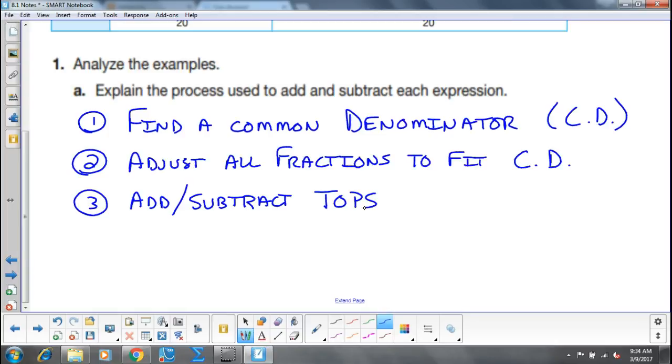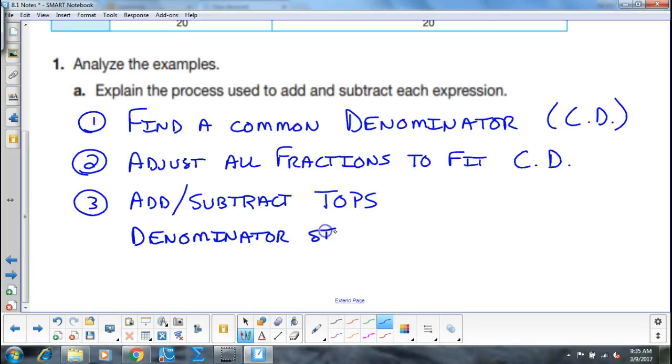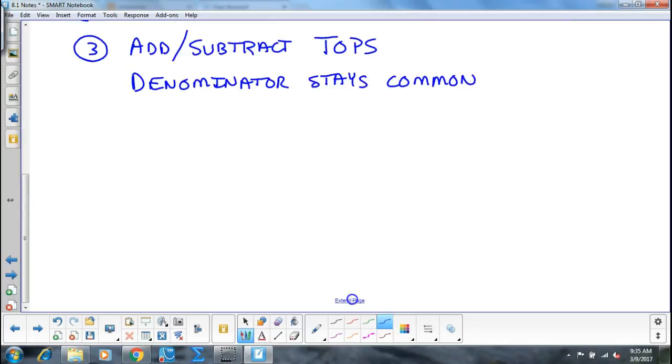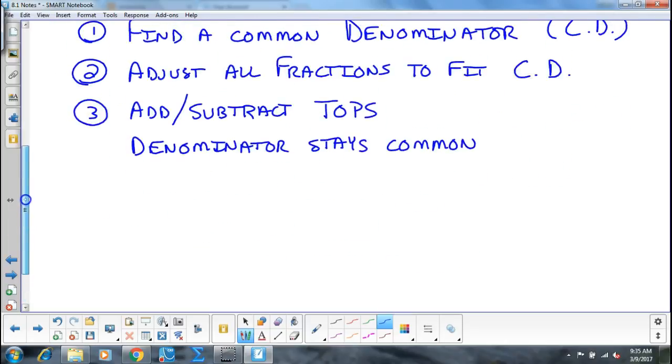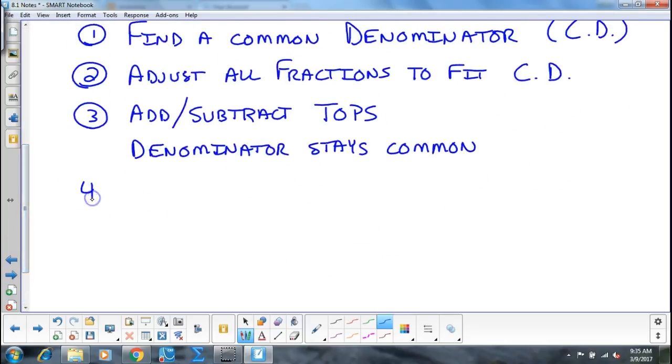Stays common, right? And then what did we do last? If needed, we reduced it, right?